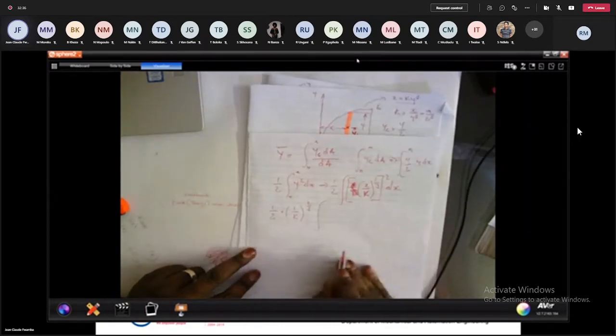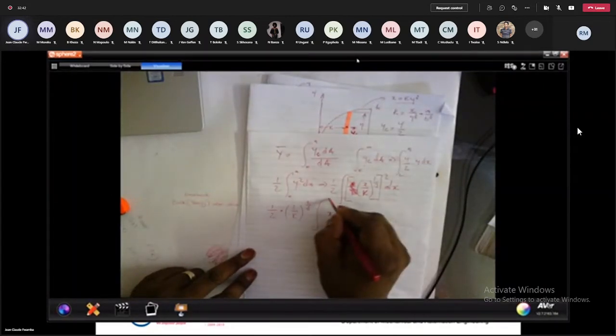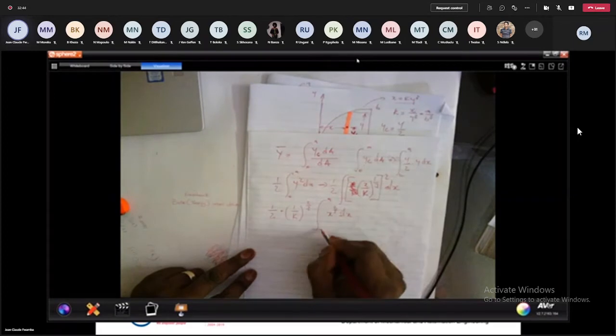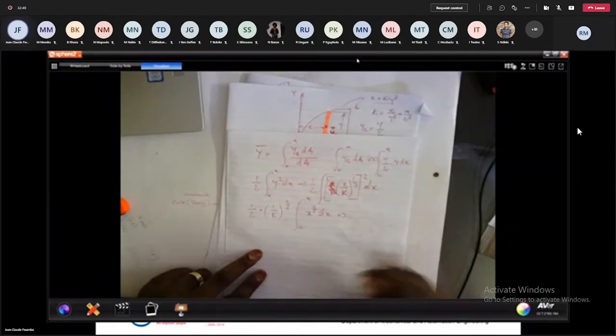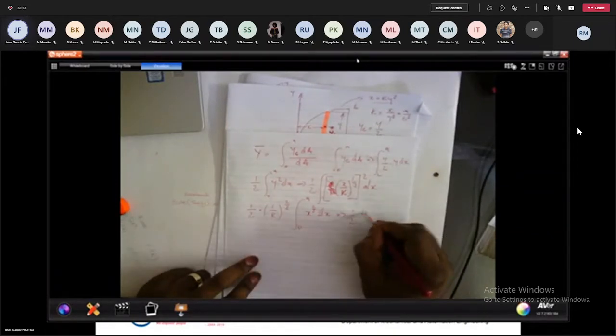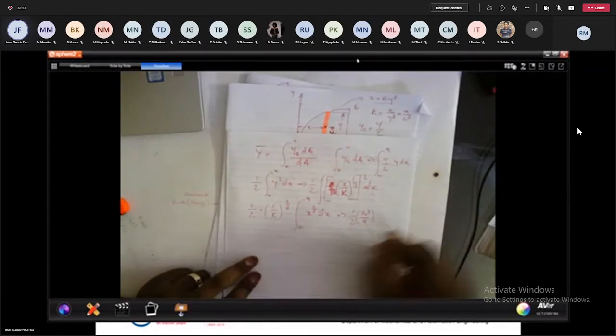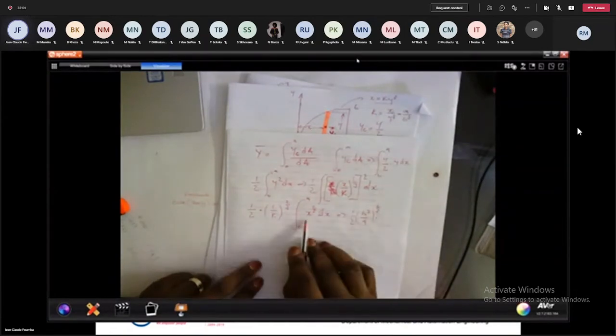Then I can put my integration as x exponent 2 over 3 dx within my limit, right? So one can actually solve that. So this will be 1 over 2. This will be b cube over a, the value of k, right? Exponent 2 over 3 multiplied by.